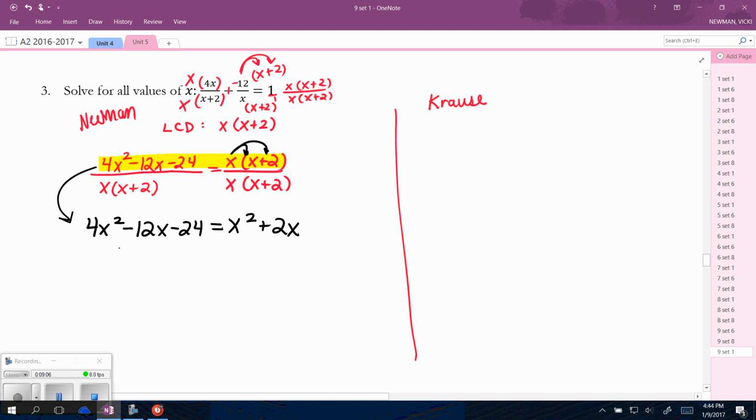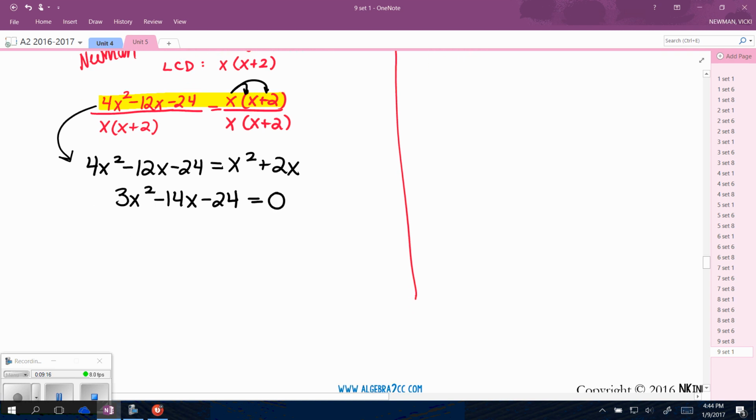Get it set equal to 0. 3x squared minus 14x minus 24 is equal to 0. We need to find two numbers that multiply to be negative 72 and sum to be negative 14. That would be negative 18 and positive 4.